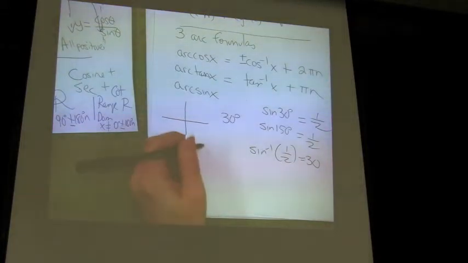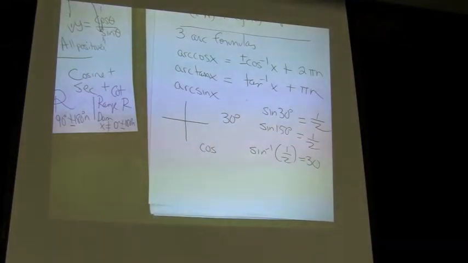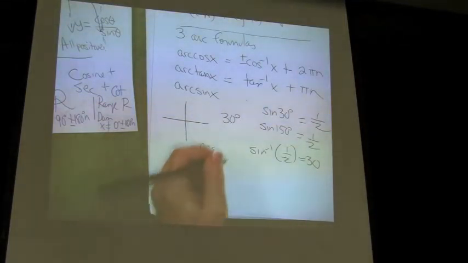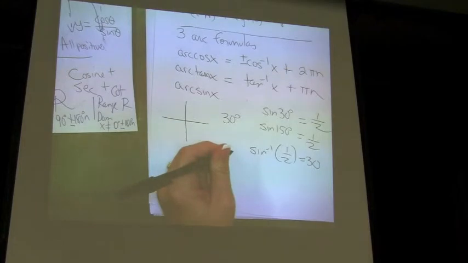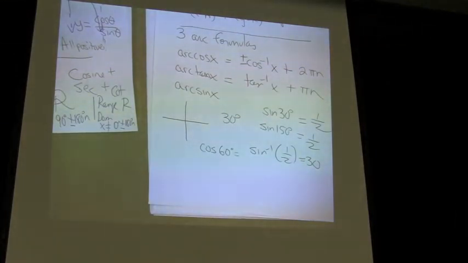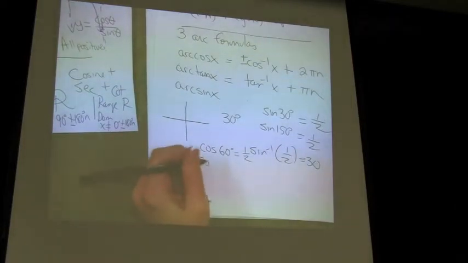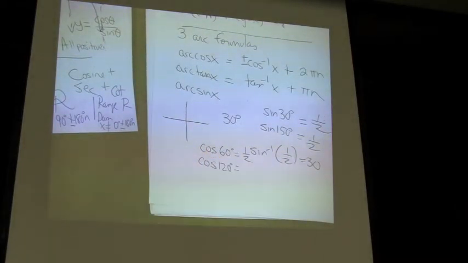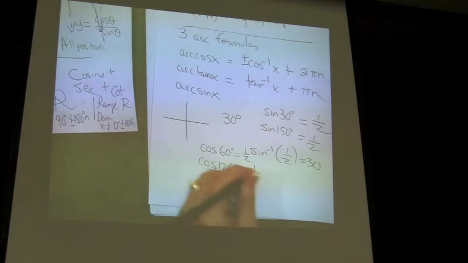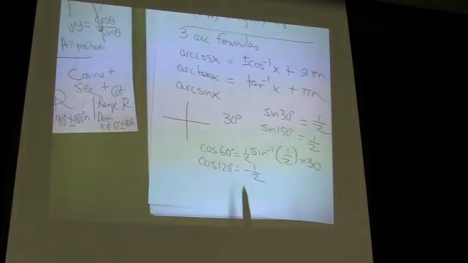On the other hand, cosine is not ambiguous at all because cosine of 60 degrees is 1/2, but cosine of 120 degrees is negative 1/2. So cosine always lets you know if you are looking at an angle that is acute or obtuse.